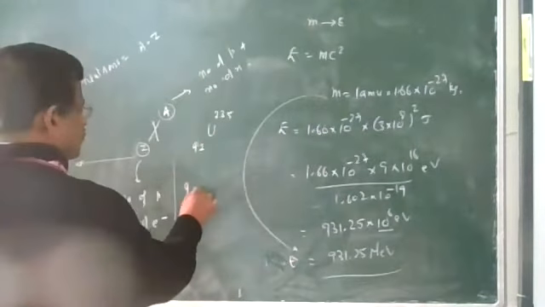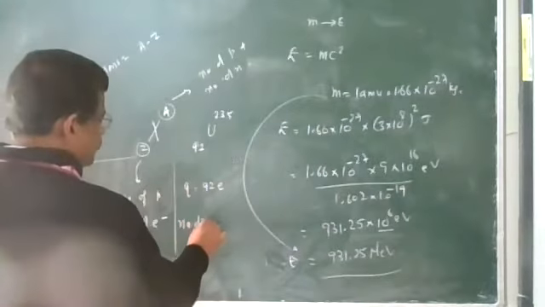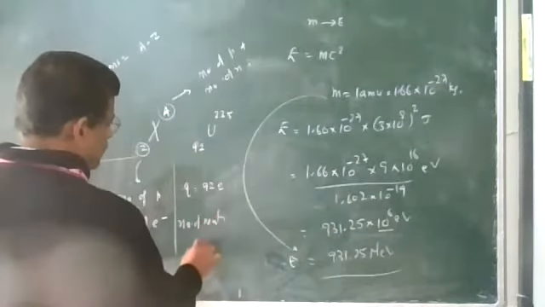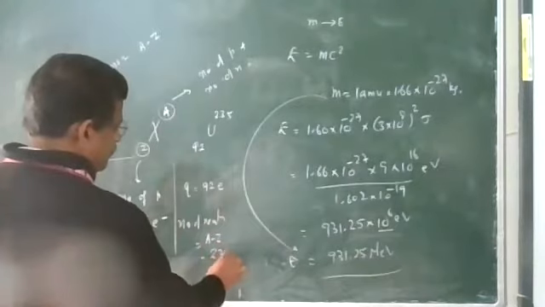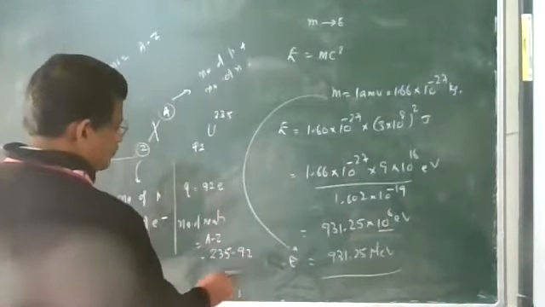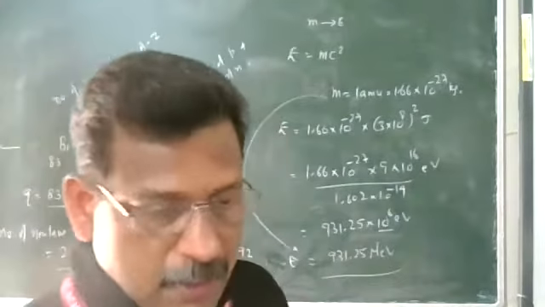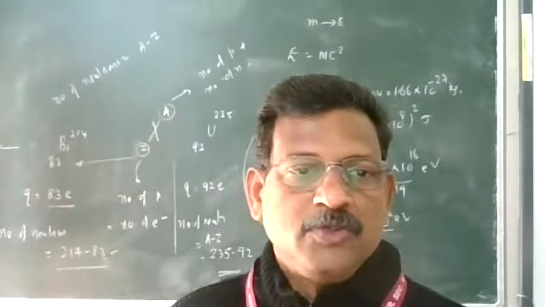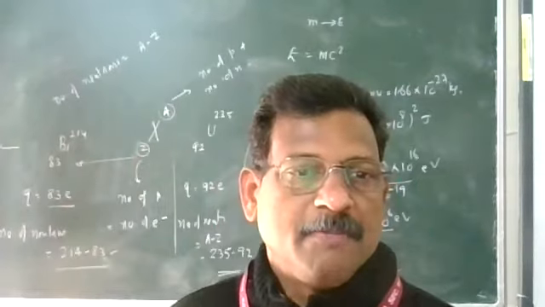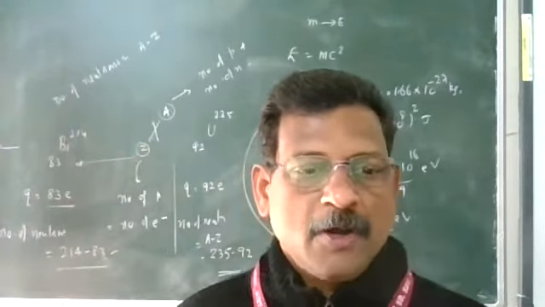The charge of the uranium nucleus is 92 e, and the number of neutrons is equal to A minus Z, 235 minus 92. So this is the way you can recognize the number of protons and neutrons. The total number is given by the mass number, that is, the number of protons plus the number of neutrons.